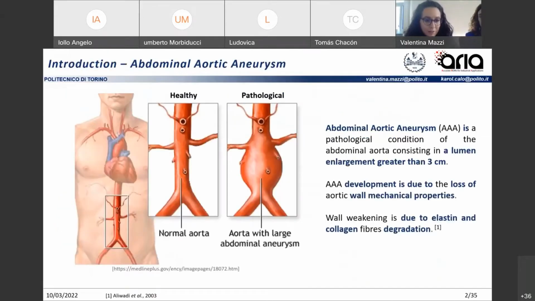As we've already seen from the presentation of Floriana and Ludovica, the abdominal aortic aneurysm, also known as triple A, is a pathological condition consisting in an irreversible enlargement greater than 3 centimeters of the abdominal aortic wall, usually in the infrarenal portion. The development of wall enlargement is caused by a progressive mechanical weakening of the vascular walls, mainly due to elastin and collagen fibers degradation.